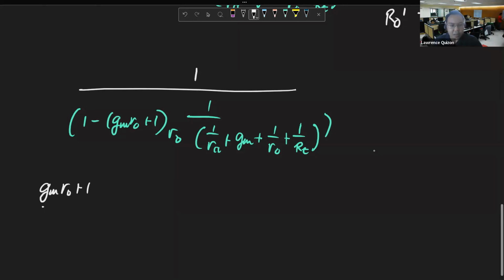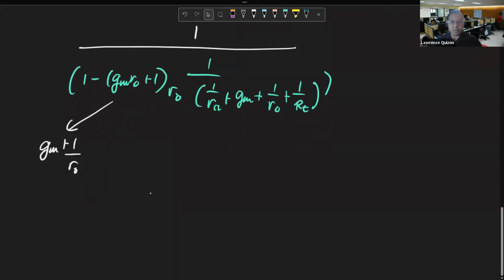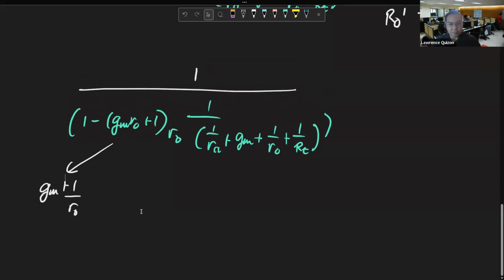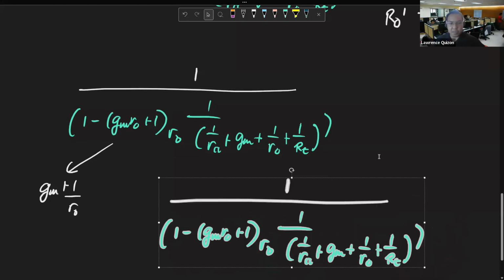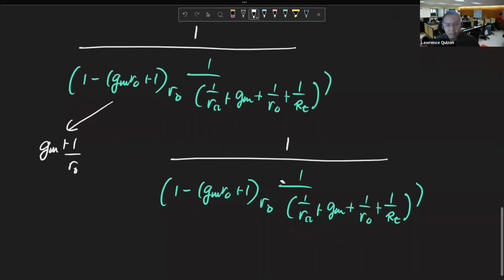GM R out plus 1 over R out is actually GM plus 1 over R out. So in fact, copy paste it again for us. In fact, this becomes GM plus 1 over R out up here.